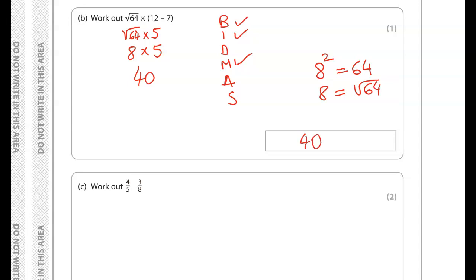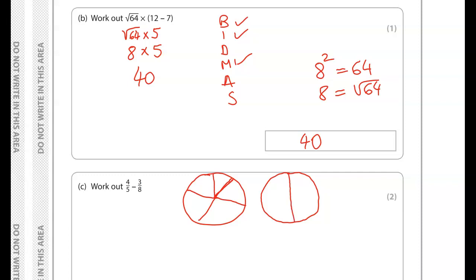Work out 4/5 take away 3/8. So 4/5, if I just represent it quickly here, will be something like this with equal slices. My drawing isn't perfect. If I have another circle, same circle basically, same size, and represent 3/8. Let's assume these are pizzas.